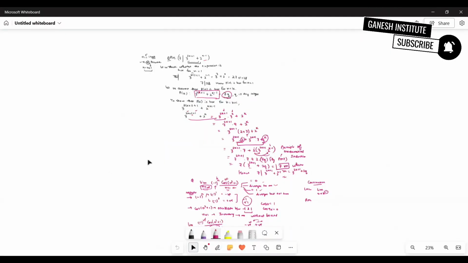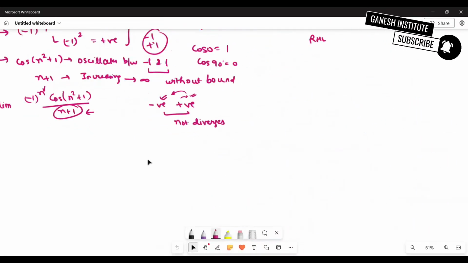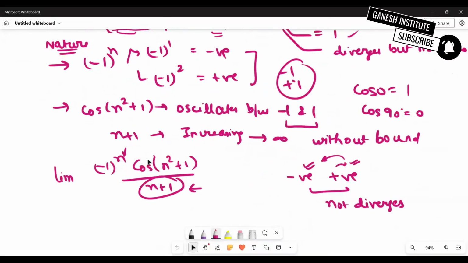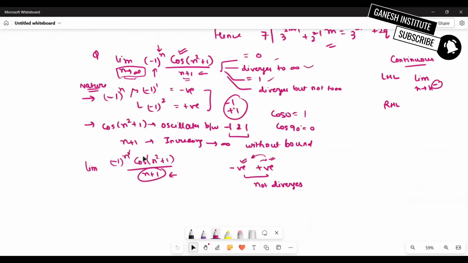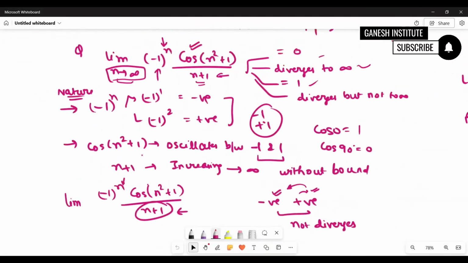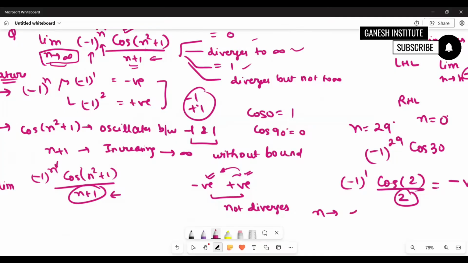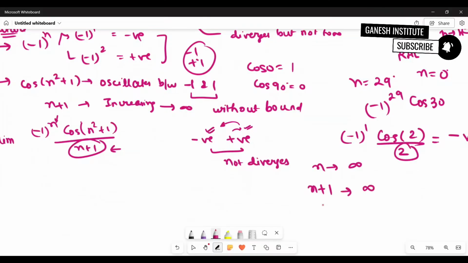In order to tell whether it is diverging or converging, I need to see throughout the numerator and denominator where the function is heading towards. So that's why I'm finding out the nature. Even if your n is increasing, you can't say that your function is increasing, because the denominator has n plus 1 and it is also reaching towards infinity, right?